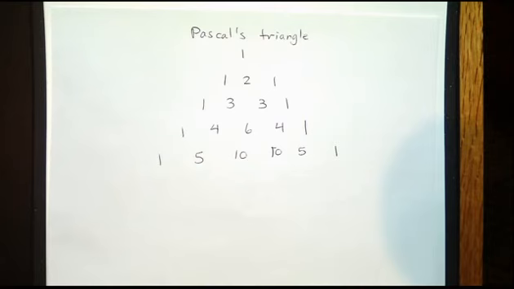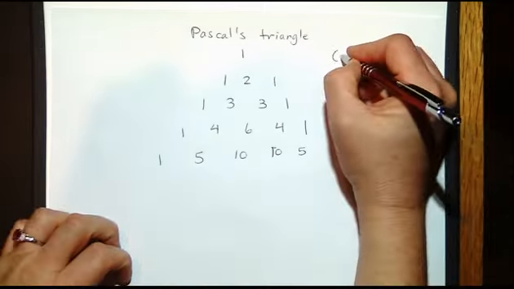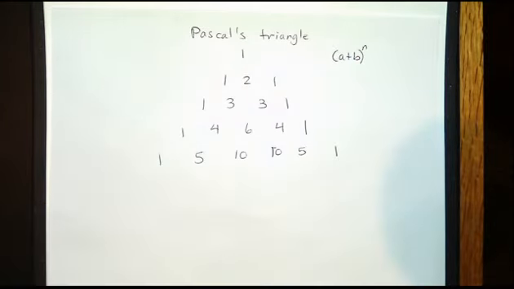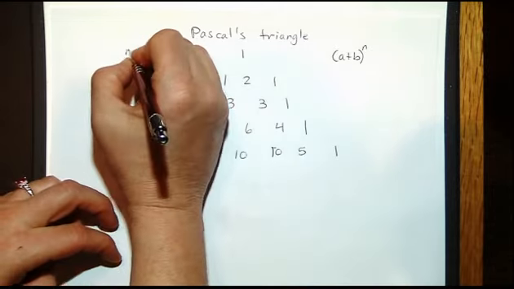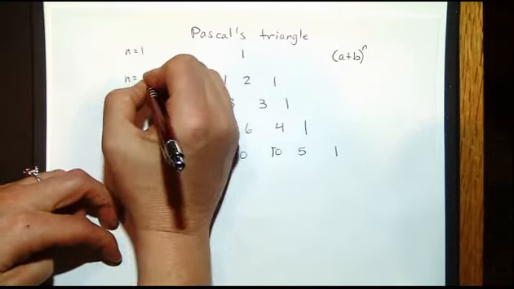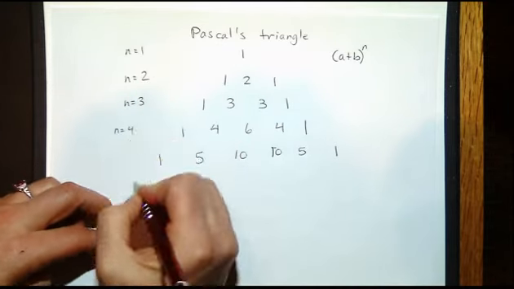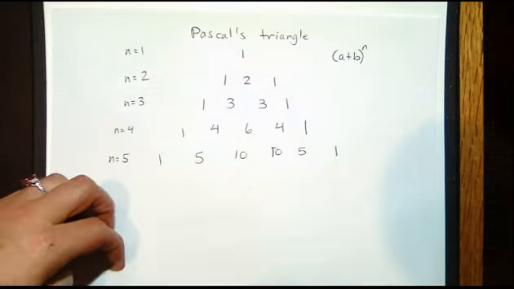Okay, so this is Pascal's triangle, and it corresponds to the coefficients of (a+b) raised to the n, where n is the row. So this is n equals 1, n equals 2, n equals 3, n equals 4, and n equals 5.